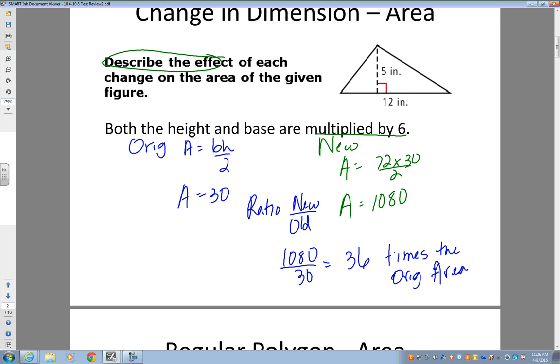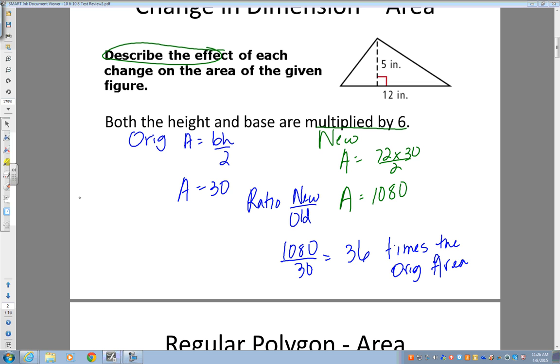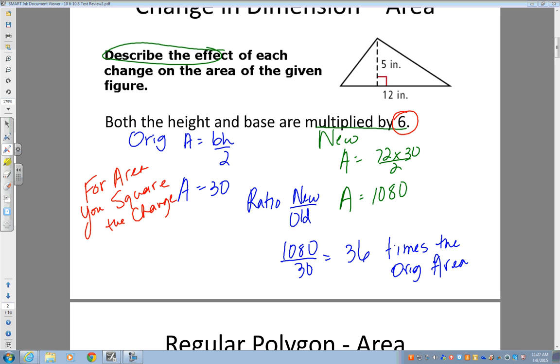Now here's a shortcut if you want to memorize this part. For effects on area, you always square the change amount. Whatever the change is, like whatever they're multiplying by. This is the change. It's being multiplied by 6.